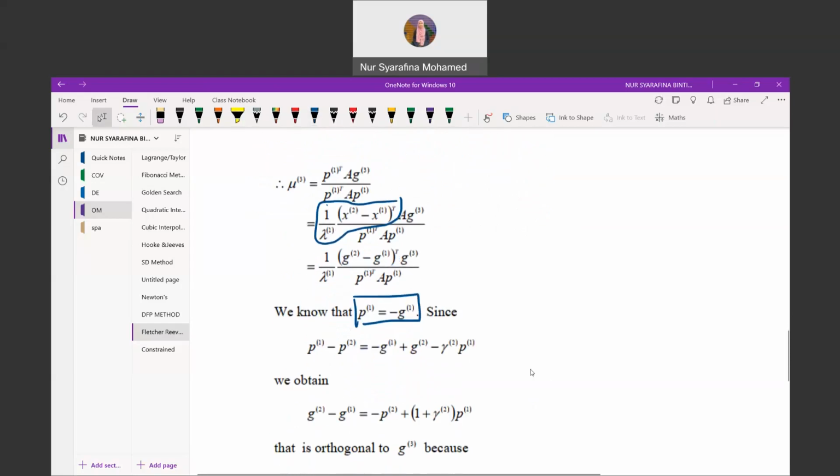So P1 minus P2 equals negative G1 plus G2 minus gamma 2 P1. So we obtain G2 from here. We simplify: G2 minus G1 equals negative P2 plus 1 plus gamma 2 P1. That is orthogonal to G3.